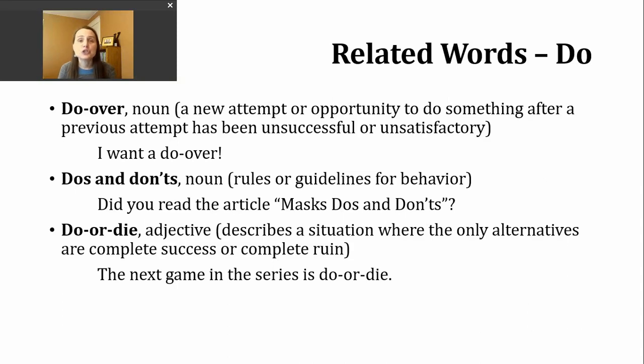So do-over as a noun, you'll notice it has a hyphen between it, so they're connected. That helps signal that this is a noun, not a phrasal verb, but this noun means a new attempt or a new opportunity to do something after an earlier or previous attempt has been unsuccessful or unsatisfactory, so not up to the level you wanted it to be.